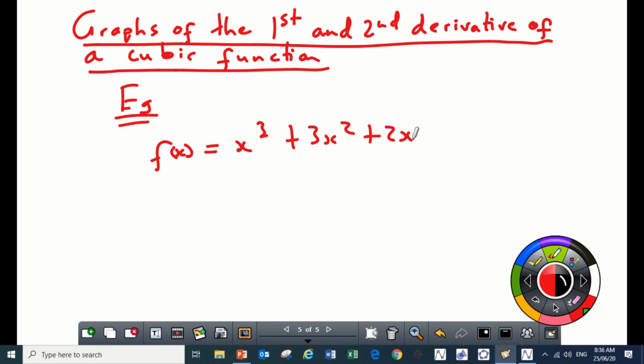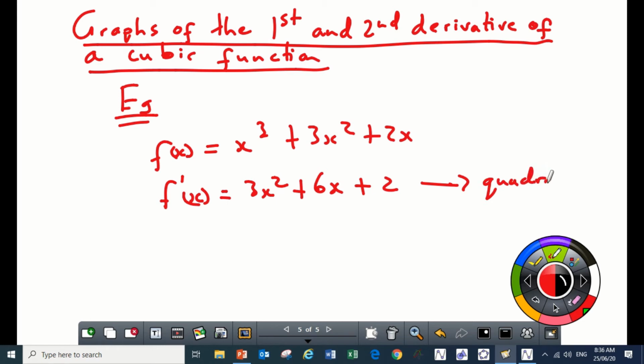Your first derivative will be 3x squared plus 6x plus 2. That's a quadratic. The second derivative will equal 6x plus 6. And that's linear.